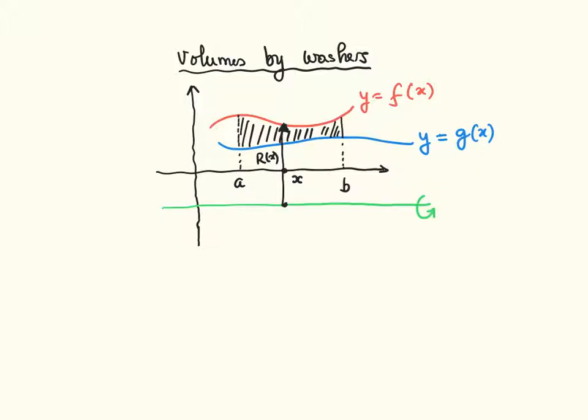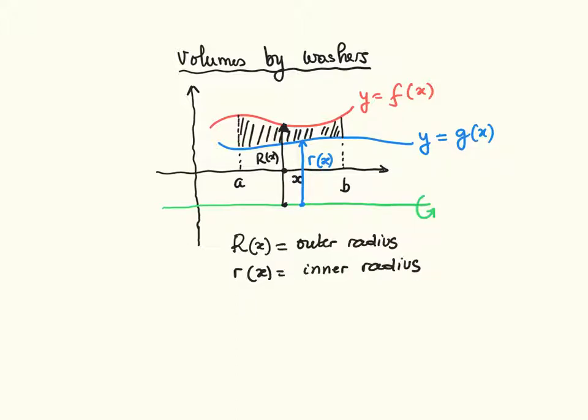And the distance from the axis of rotation to the function g, we will call it small r of x, like this. Well, this big R is called the outer radius, and the small r is actually the inner radius of this solid of revolution.